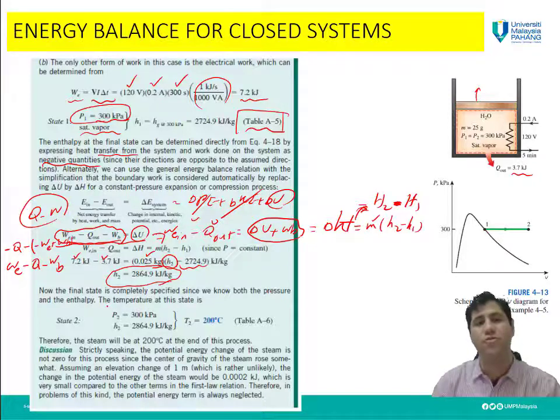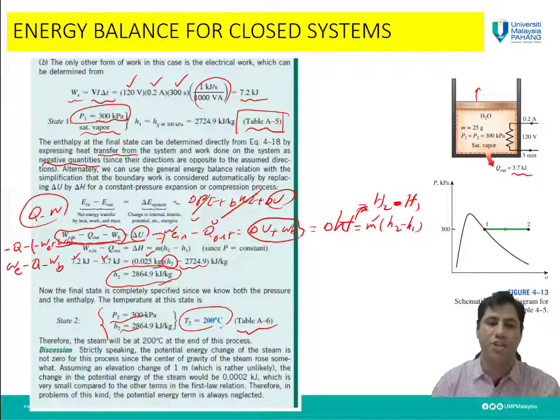So for state 2 we have h2, or enthalpy in state 2, and also we have P2, the pressure. By this information we can go to table A6 and find the temperature. If we have directly this temperature for this pressure and this enthalpy, it's okay, simply we can find it.